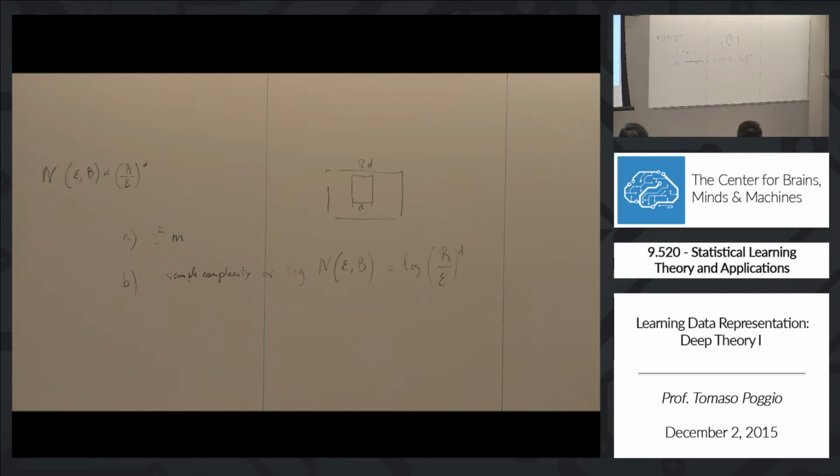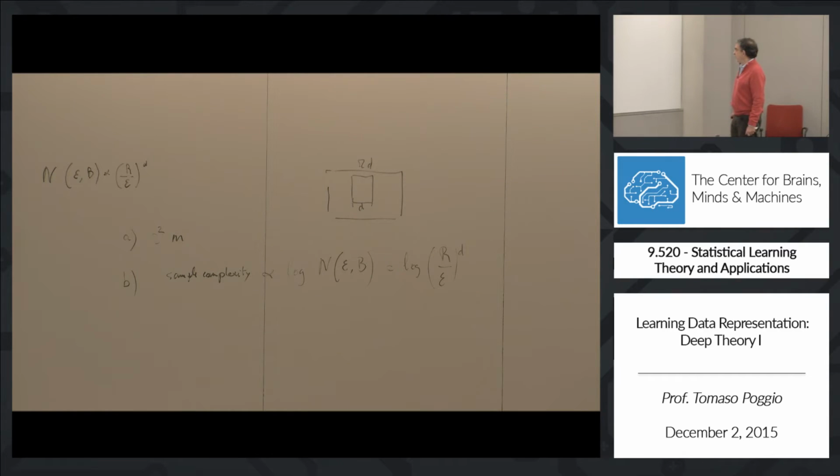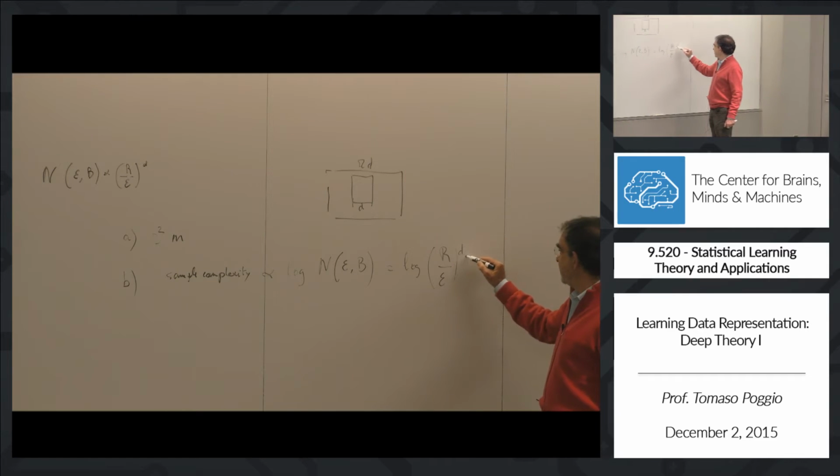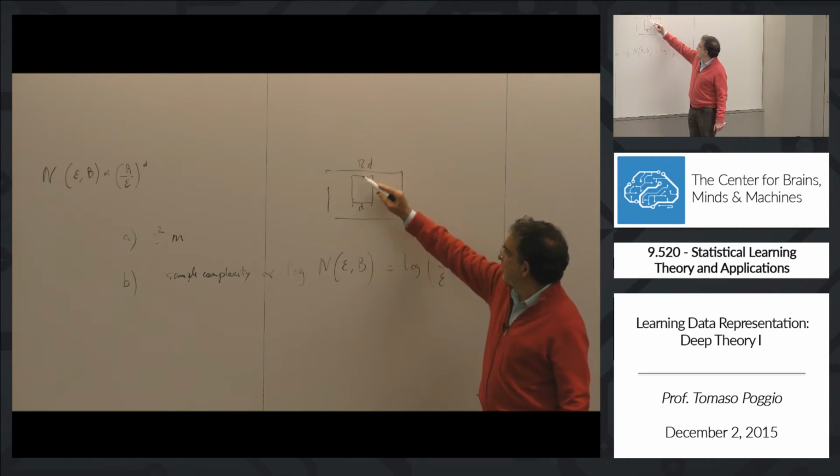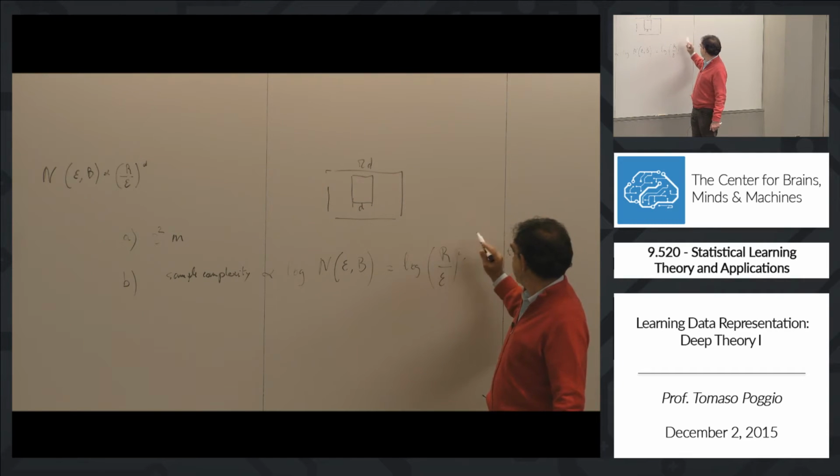This is how many balls of radius epsilon I need in a space of dimensionality d. So you see that sample complexity depends on the dimensionality of the space. In this case, this would be d squared.